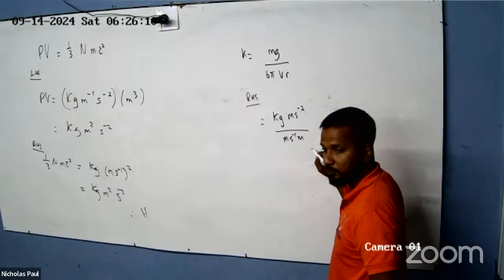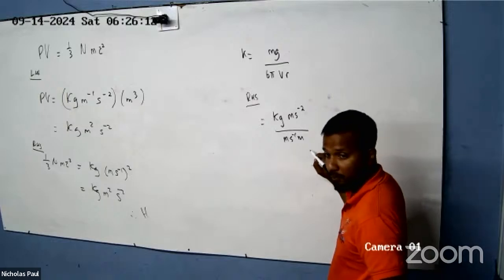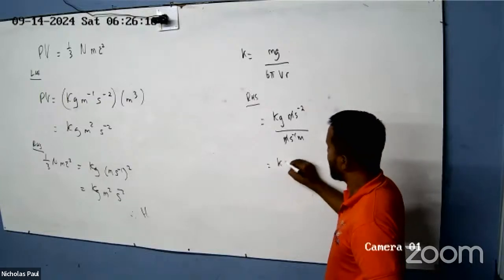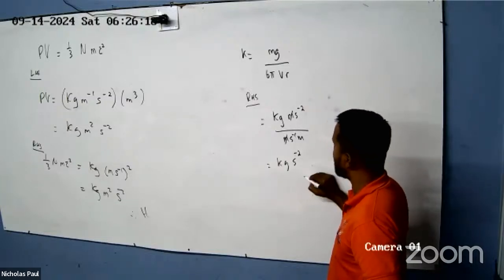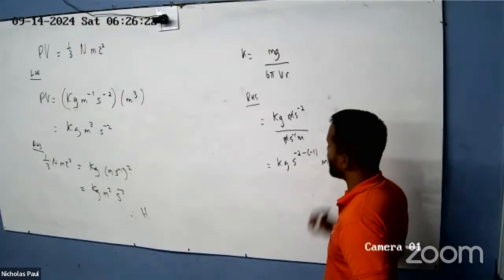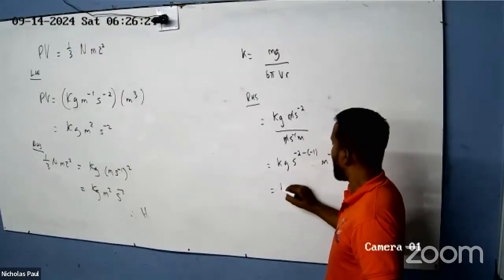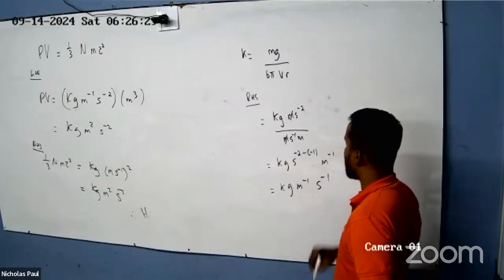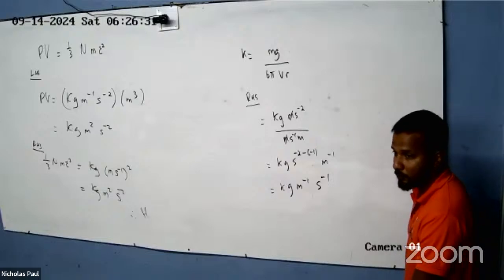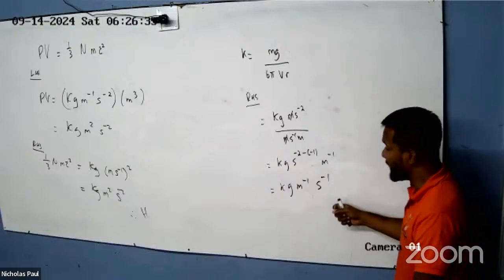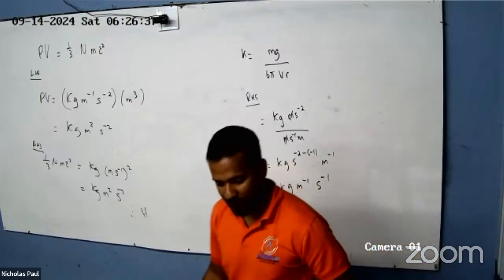So the meter will cancel, and I will get kg s to the minus 2 over s to the minus 1 m to the minus 1. So I am getting kg m to the minus 1 s to the minus 1. That's the unknown quantity there.